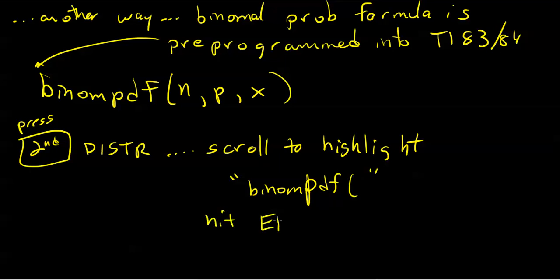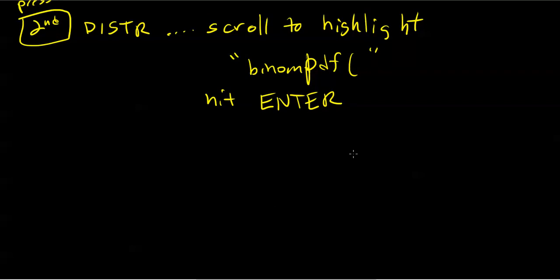Hit enter, and that will call up that command into your home screen on your calculator. Then type in your choice of n, p, and x in that order, and then hit enter to compute your actual probability.